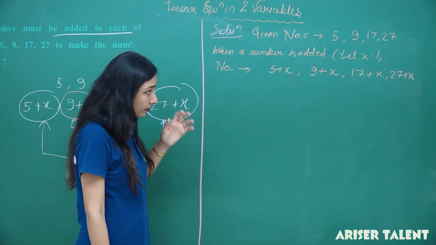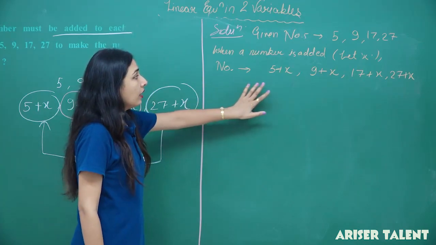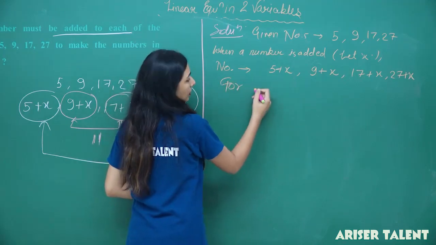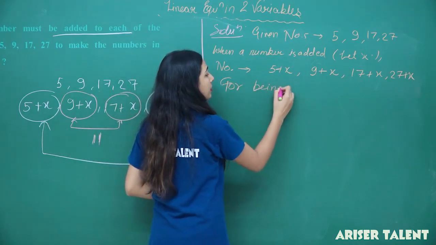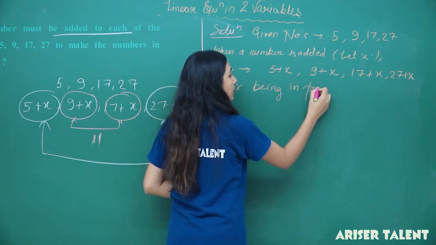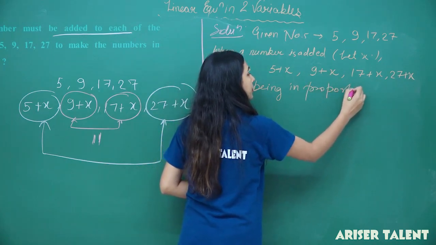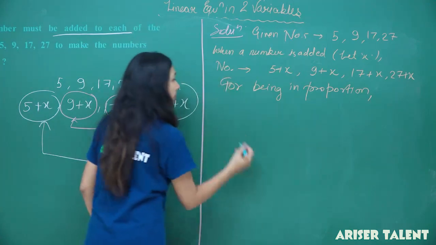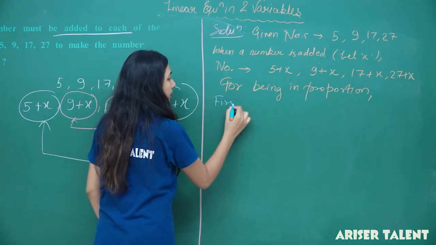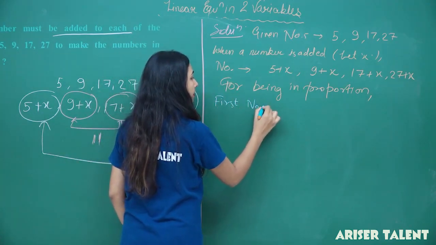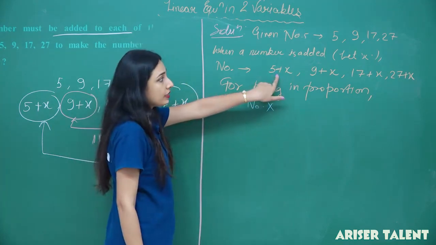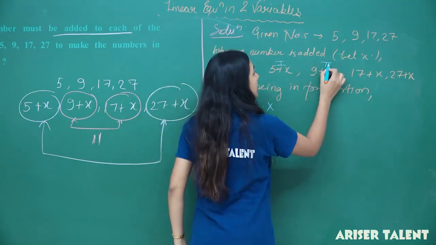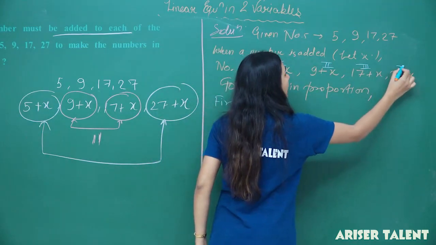Right. Now, for being in proportion, what should it be? First number multiplied by fourth number. I write here first, second, third and fourth.